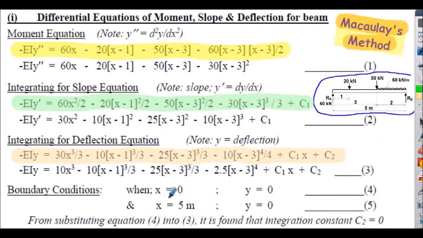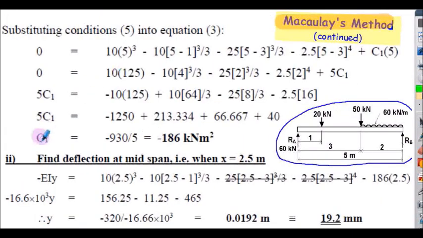If we know our initial conditions or boundary conditions in this case, that when x is equal to 0, y is equal to 0, that's the left hand end of the beam, and when x is equal to 5 meters, y is equal to 0, that's this location on the beam, we can find our constants of integration. In this case c2 is 0, and here we've calculated the value of constant c1, it does have a specific value in this case, and that's allowed us to find a particular solution.